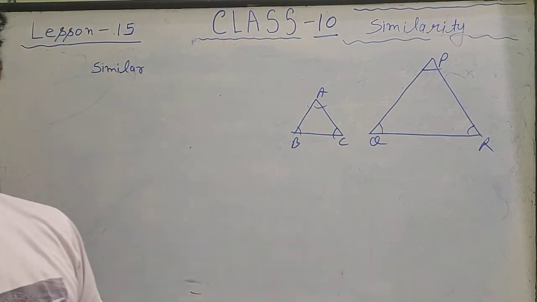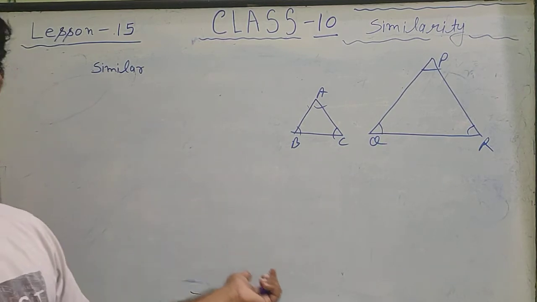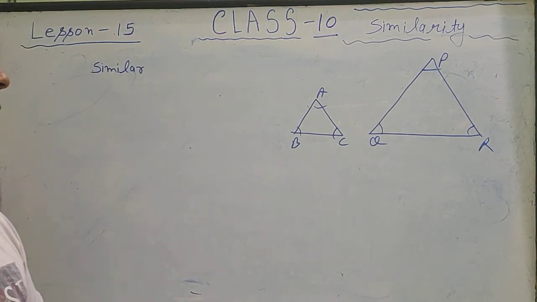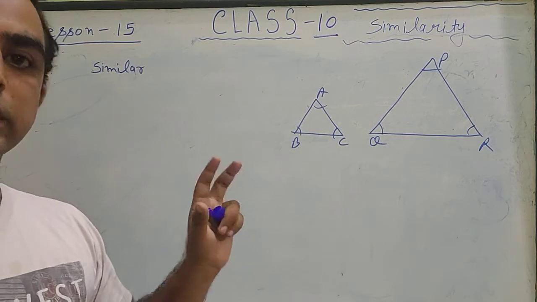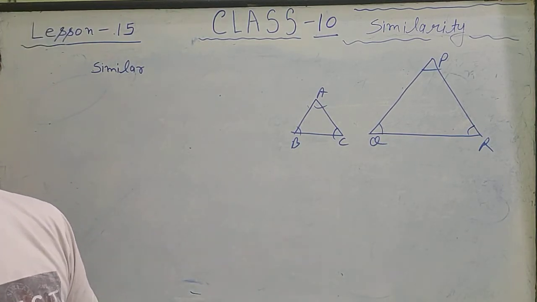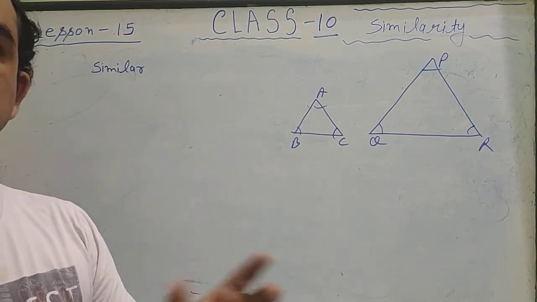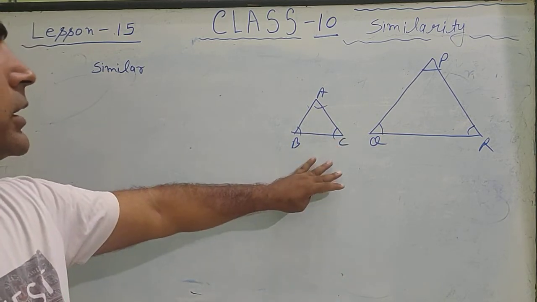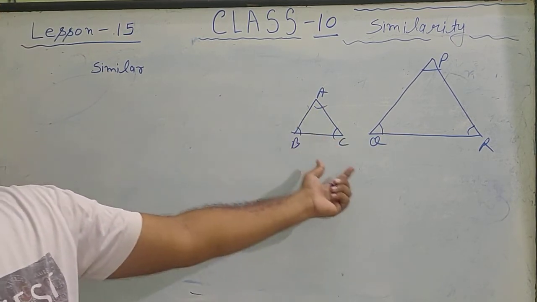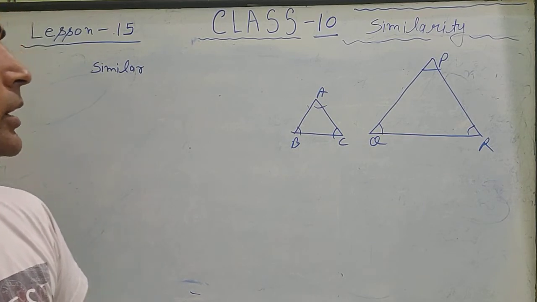Okay, in the previous class, in class 9, you studied about the congruent triangle. In congruent triangles, the triangles have the same shape and same size. The triangle की size और shape दोनों same होती हैं, but in similarity only shape is the same.